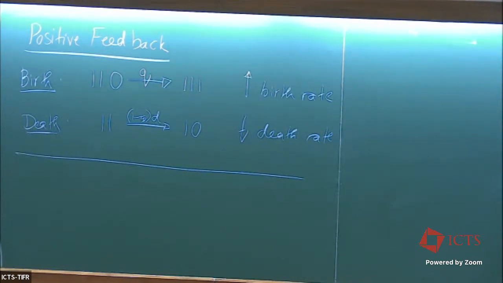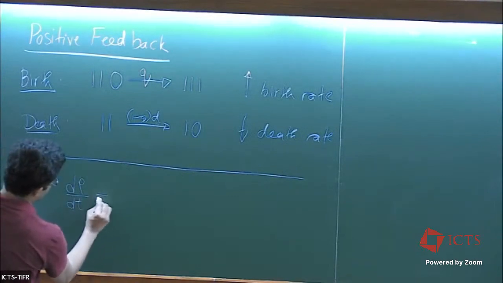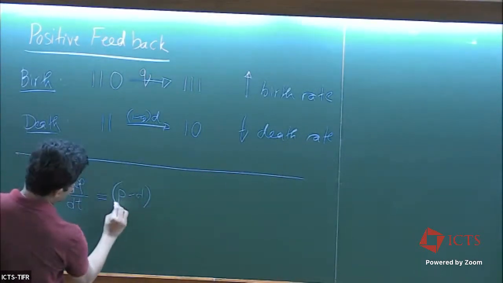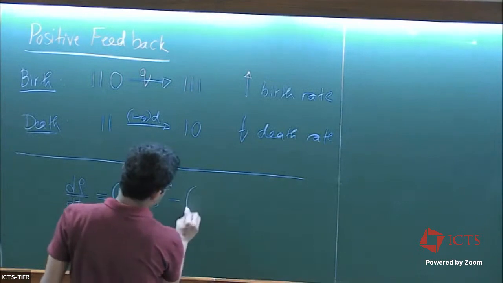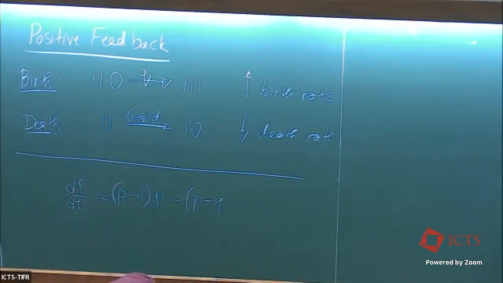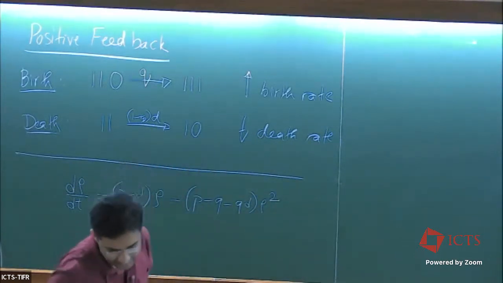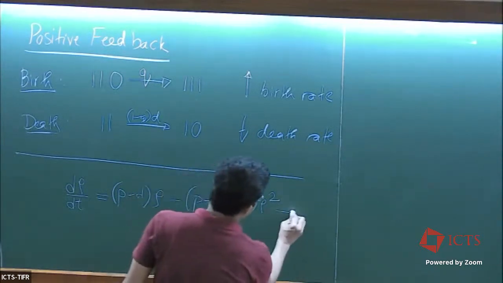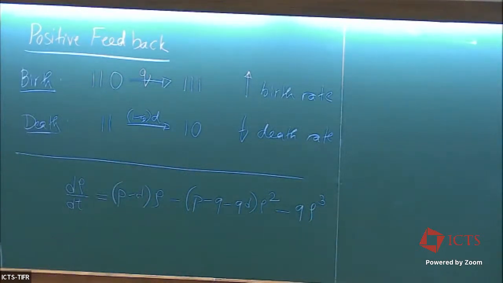After some algebraic simplification, in the mean field approximation, again (P minus D) times rho, minus (P minus Q minus QD) times rho square, minus Q rho cube.